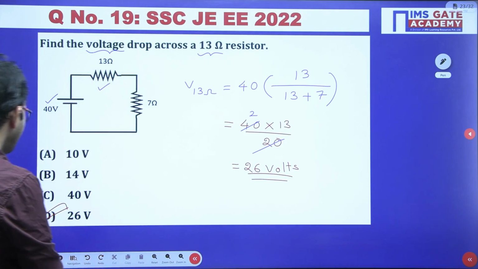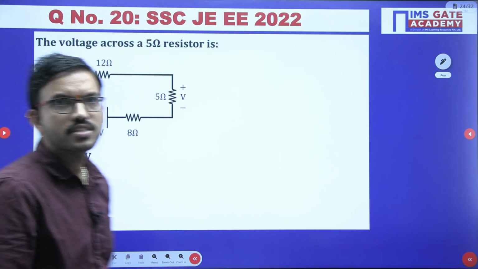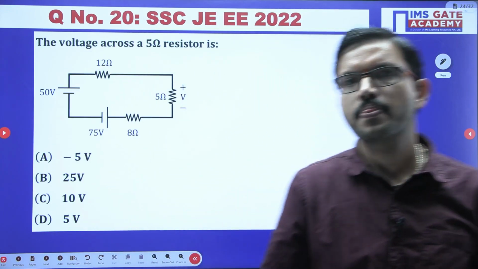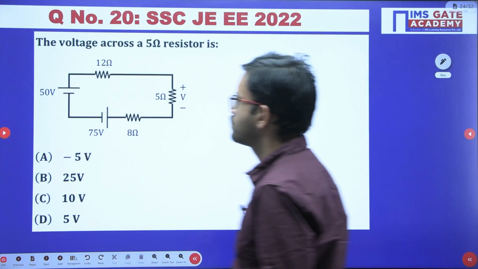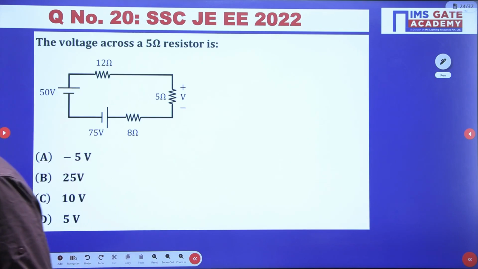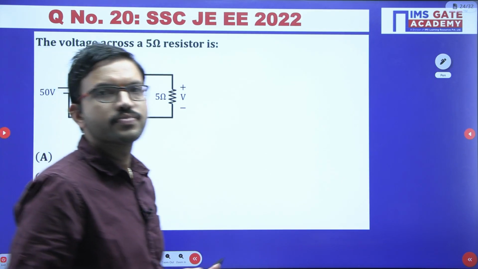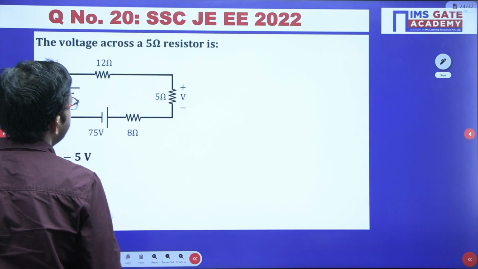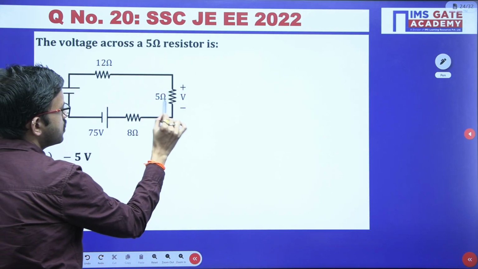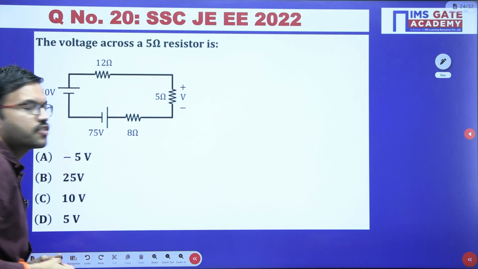So with this understanding, all of you give a try for this question. Just observe here, in this question we have to calculate voltage across 5 ohm resistor. This voltage we have to calculate.